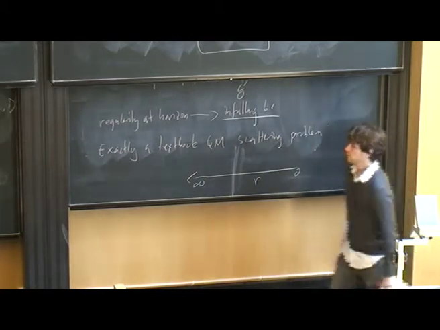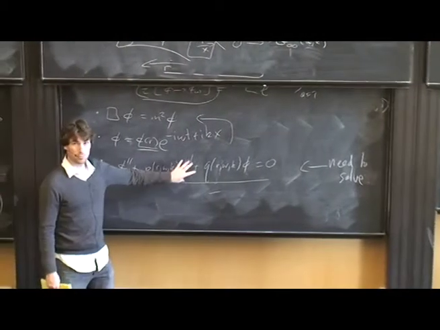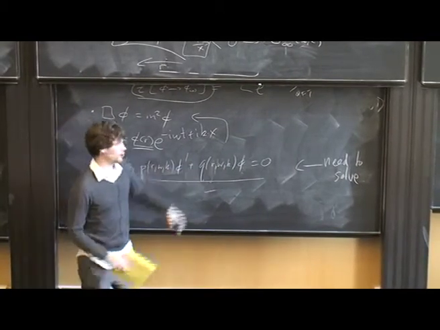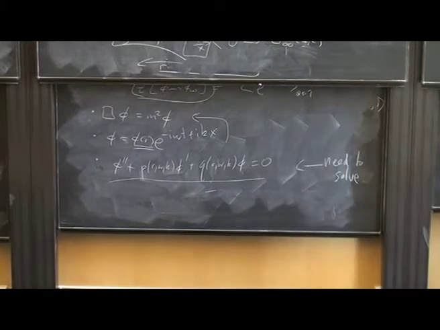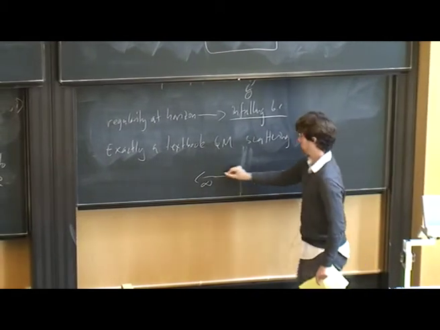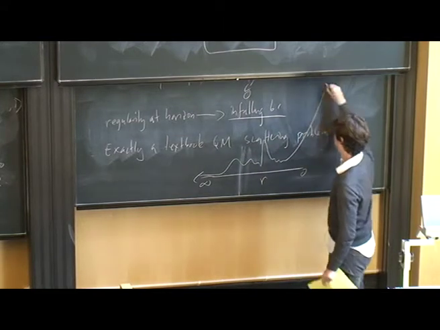We've got some second order equation, which, by the way, you can always get rid of phi prime by putting it into Sturm-Liouville form. So this is of the form of a Schrödinger equation for some potential. We know that the modes are growing and decaying at infinity, so roughly you're going to find something like this. The potential decays, it can do whatever it wants to do, and then it grows at infinity.